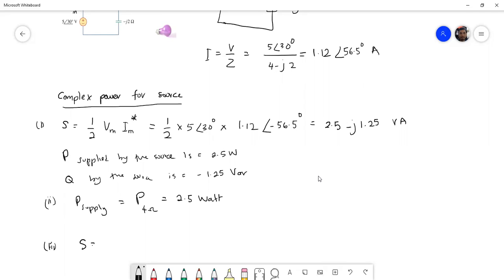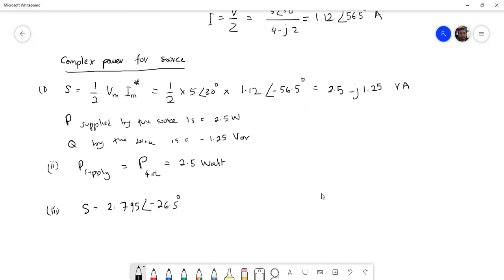The complex power is 2.795 with an angle of negative 26.5 degrees. So the power factor is cos of negative 26.5, which will give you 0.89.